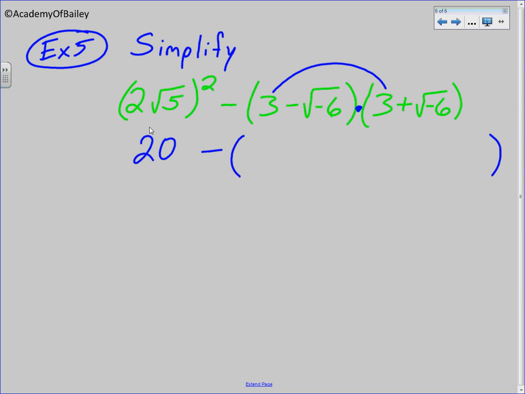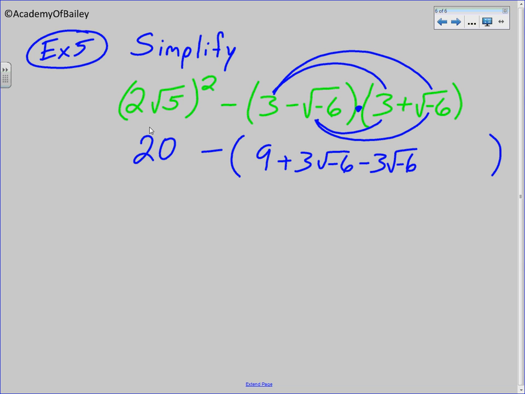Okay, 3 times 3 is 9. Do the outer numbers. This is going to give us a positive 3 square root of negative 6. The inner numbers will give us a negative 3 square root of negative 6. And then a negative times a positive is a negative.